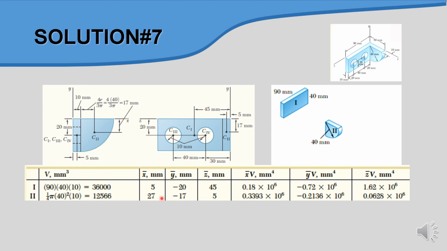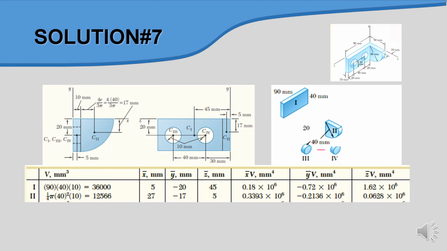Okay, so this is negative. For the z bar it is 5, because the thickness of this is basically 10, so divided by 2 is 5 in the location of the z axis, and apply x bar v, y bar v, and z bar v.